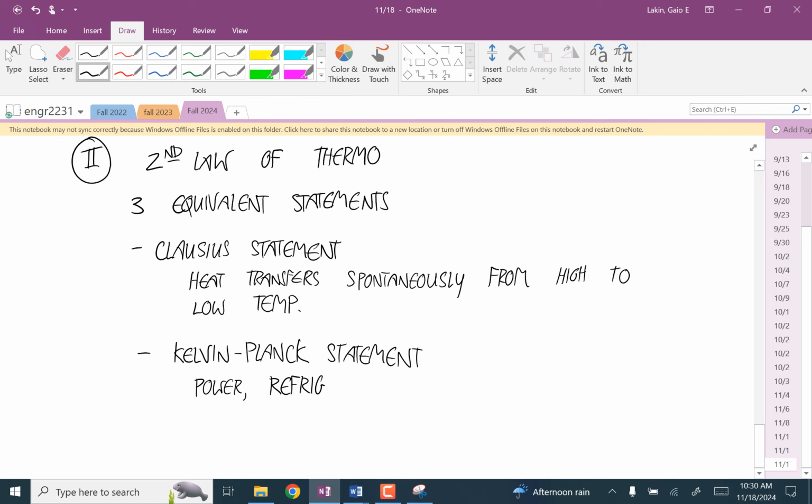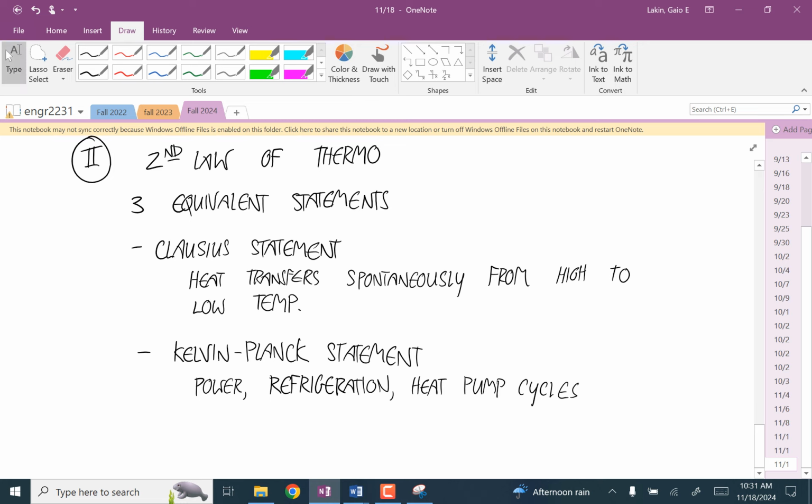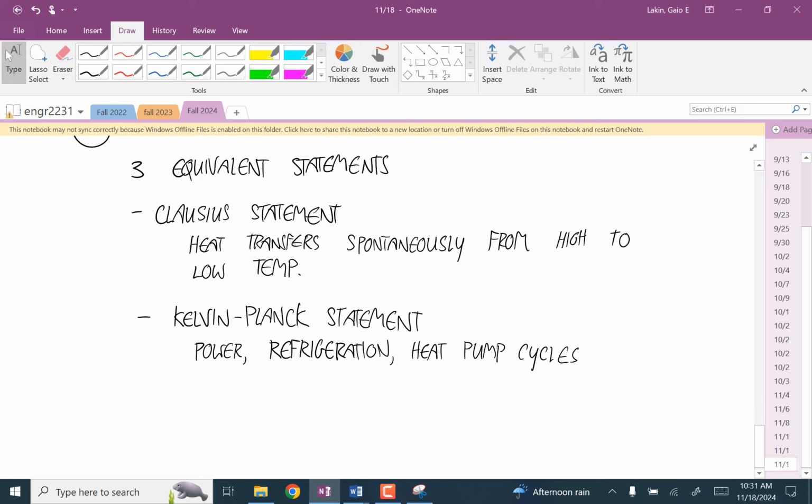We're going to get into power cycles in a lot more detail next. And in a lot of cases, you can use this to determine efficiency of cycles.